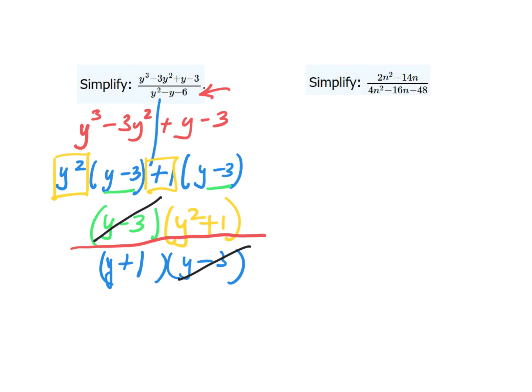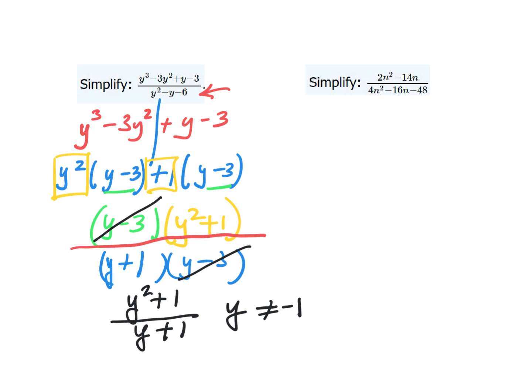And the numerator will be y squared plus 1. The denominator in our answer will be y plus 1. And we will need to state that y cannot equal negative 1 because that'll produce a 0 in the denominator.